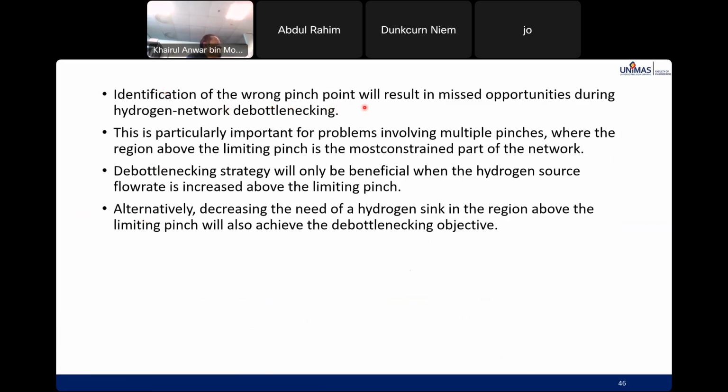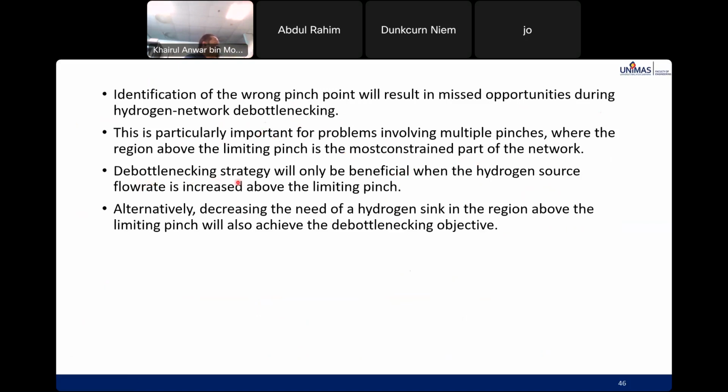Identification of the wrong pinch point will result in missed opportunity during hydrogen network debottlenecking. So when you choose the pinch for multiple pinches, choose the pinch with the lowest concentration. This is particularly important for a problem involving multiple pinches, where the region above the limiting pinch is the most constrained part of the network.